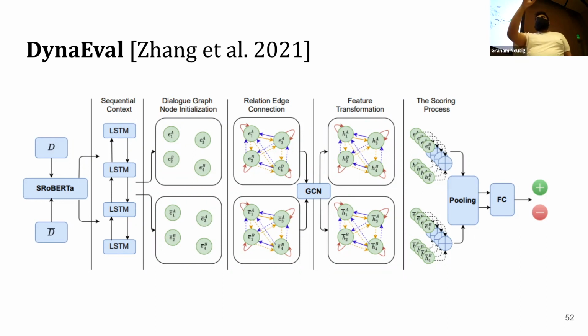They consider each utterance as a node, compute the similarity between the different utterances, and then run that through a graph convolutional network. At the end, they have some representation from the perturbed dialogue and some representation from the original one, and they try to predict which one is the real one and which one is the perturbed one. According to our assessment, this was one of the better metrics.